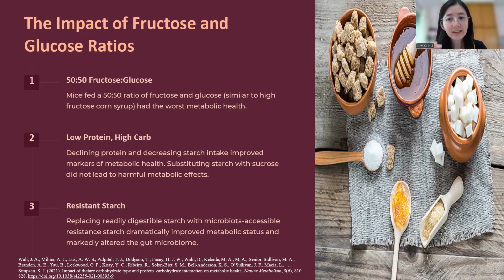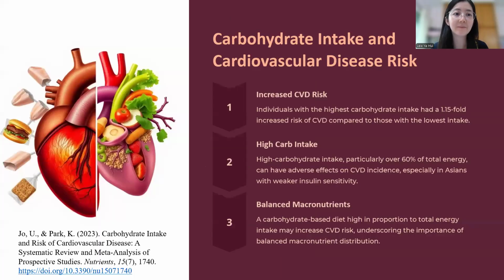But when the easily digested starch was replaced with a type of starch that can be digested by gut bacteria, which we call resistant starch, the mice's health dramatically improved and their gut microbiome changed for the better. The best result was seen when resistant starch was the main carbohydrate in the diet, followed by sucrose and normal starch, but not the high fructose corn syrup. That was a very bad one.